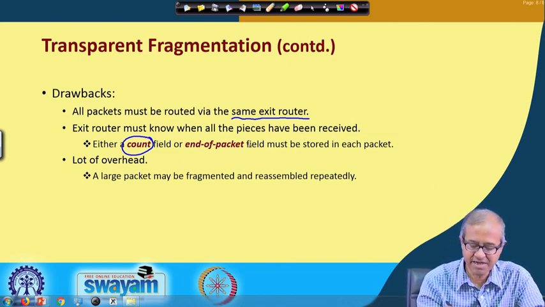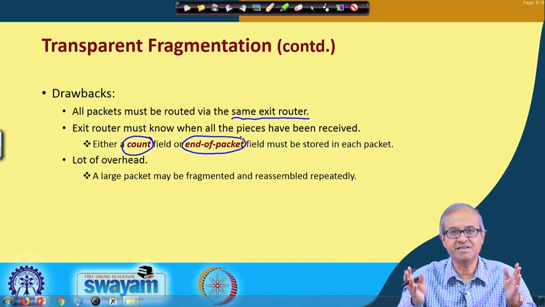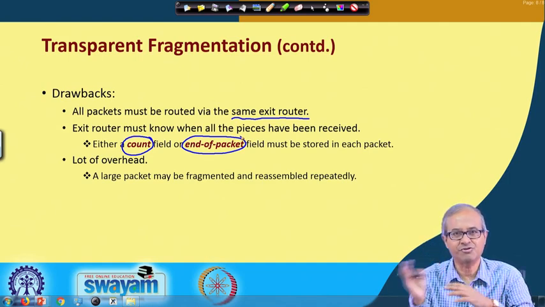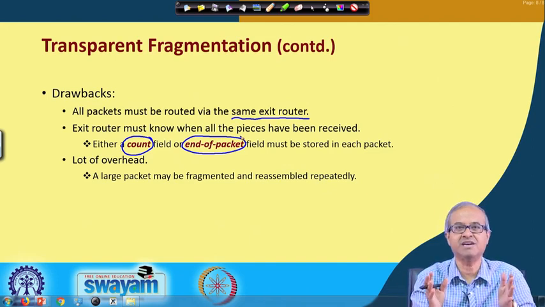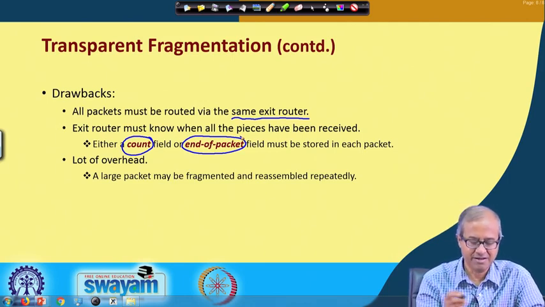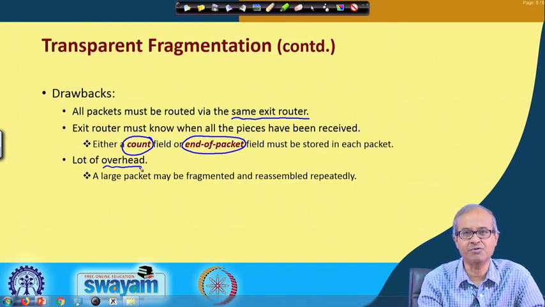Or there can be a special delimiter like end of packet. The last fragment of the packet will be marked specially, so that the exit router will know that this is the last fragment, there are no more fragments after this. So, now I can assemble. Okay? Fine. Now, as I said, a lot of overheads are encountered here.